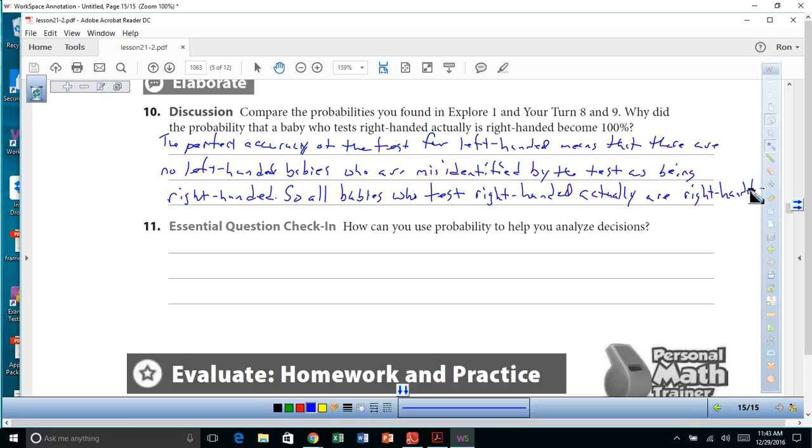But there are still some babies who test right-handed and actually turn out to be left-handed. So that's where it's a little bit different.